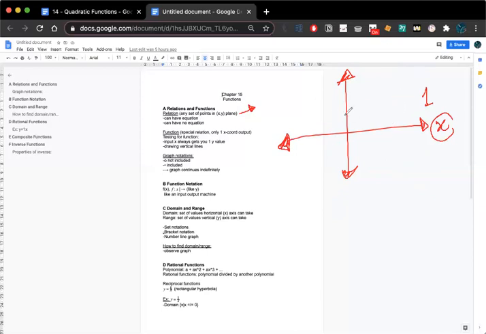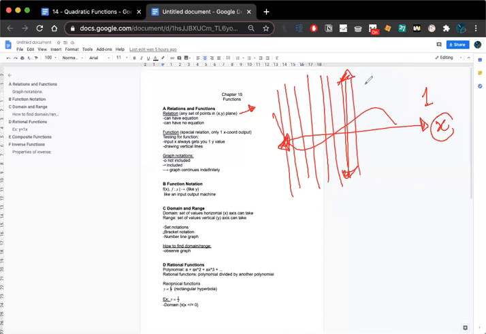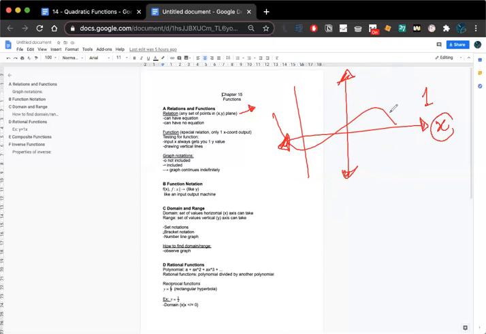And then another thing that you can obviously see because of this requirement is that if we have this kind of shape and you draw vertical lines along the graph, and the vertical lines only intersect once with the graph, that means it would be considered a function.